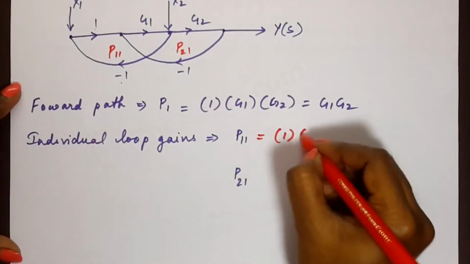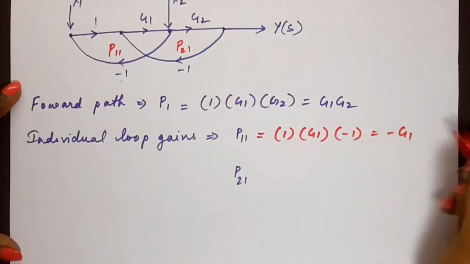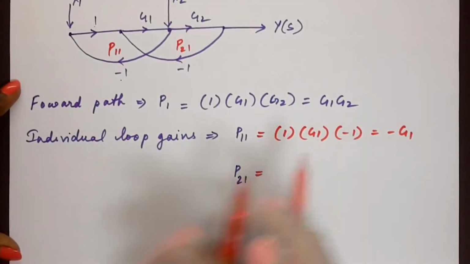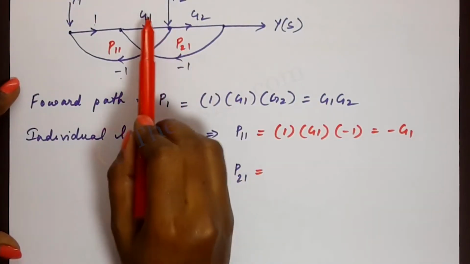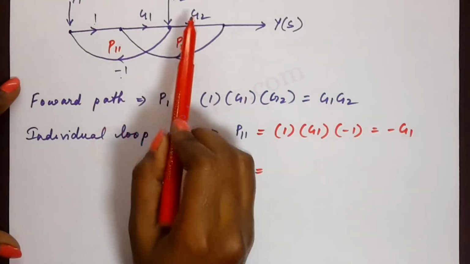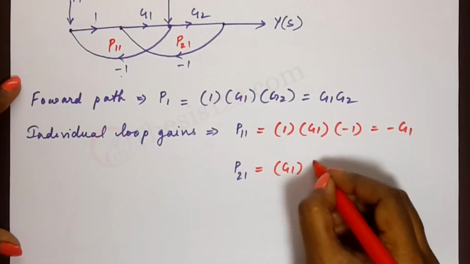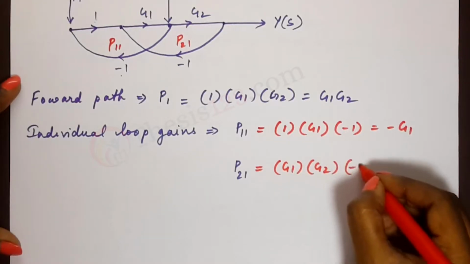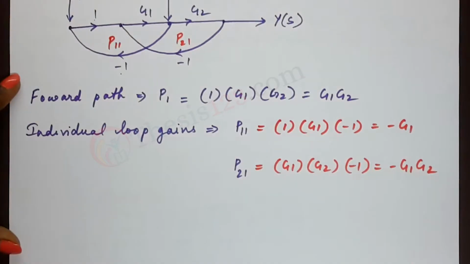So that's 1 into G1 into -1, which is minus G1. Similarly, for the second individual loop gain, P21, we multiply the gains G1, G2 along with the feedback value. So that's G1 into G2 into minus 1, which is minus G1, G2.